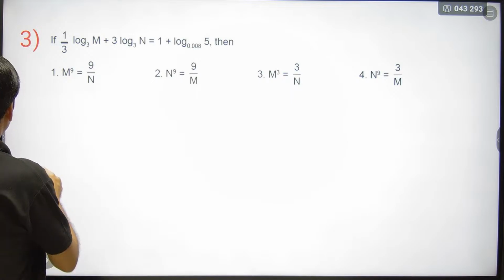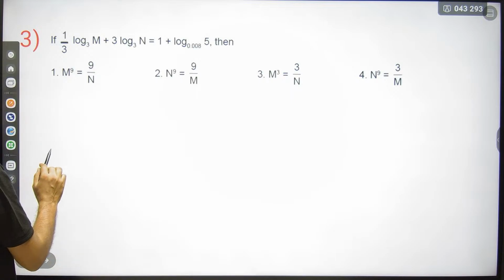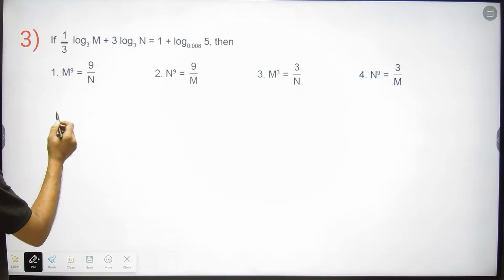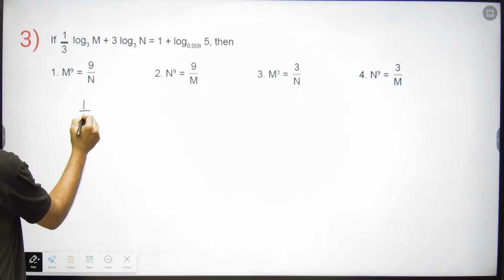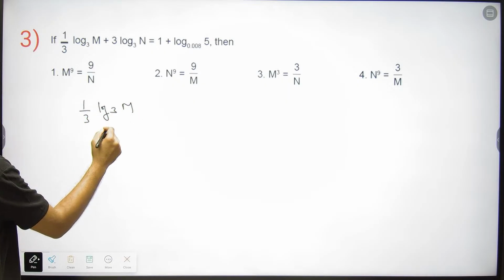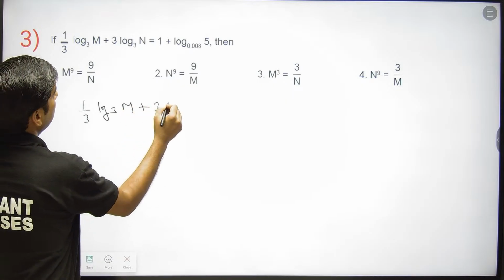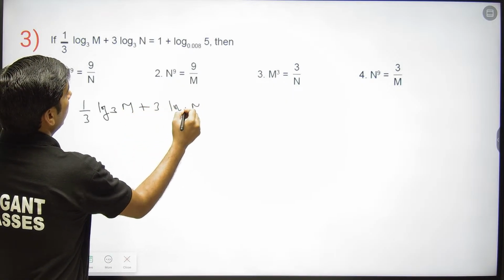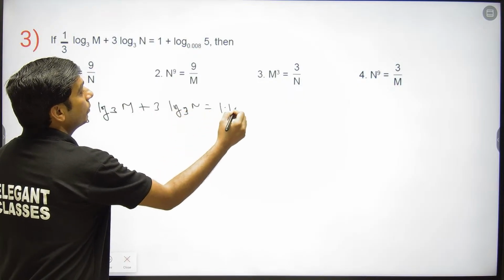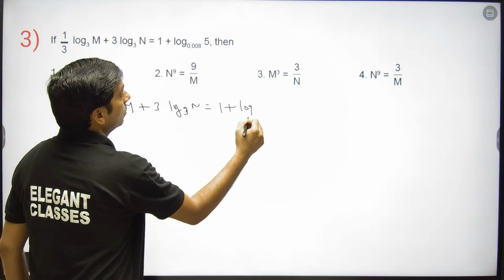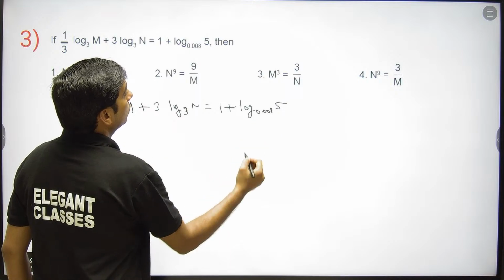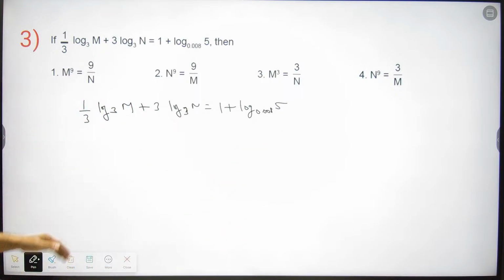If 1 by 3 times log m to the base 3 plus 3 times log n to the base 3 is equal to 1 plus log 5 to the base 0.008, then which of the following is true?